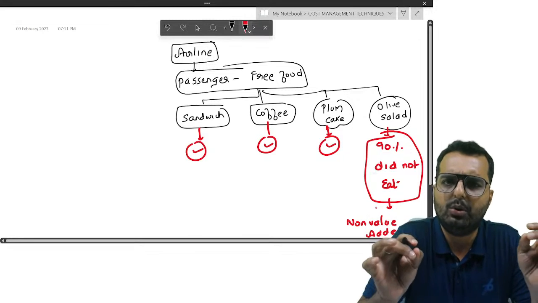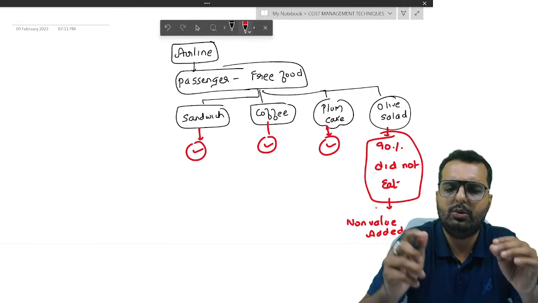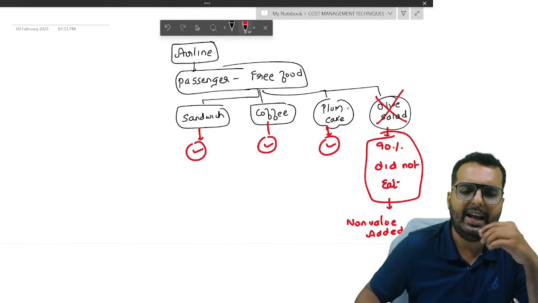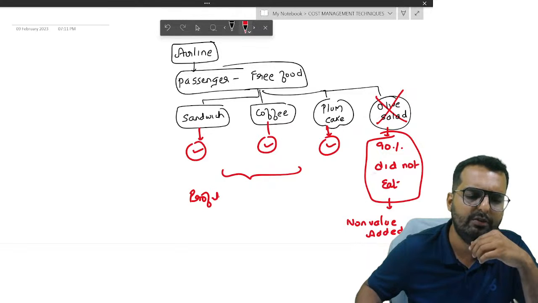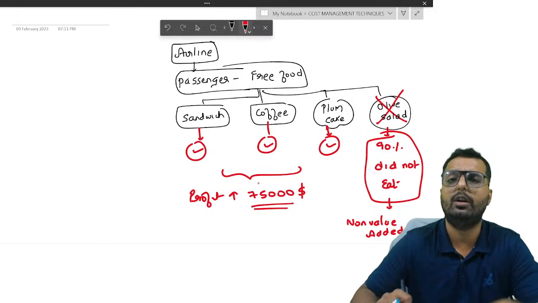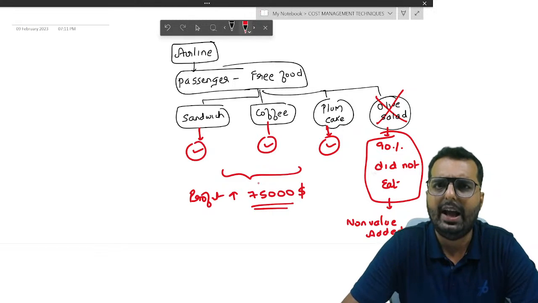So once they came to know that olive is a non-value added activity, what will they do? They eliminated olive. And just by eliminating this, the company's profits actually went up by approximately $75,000, my dear friends. This is a classic example of value analysis.